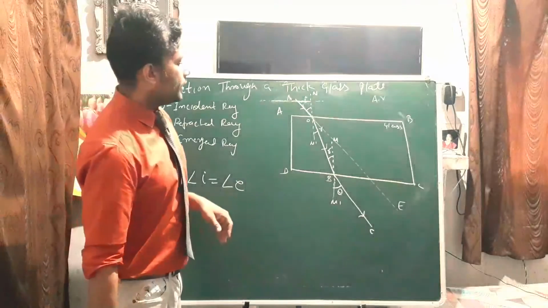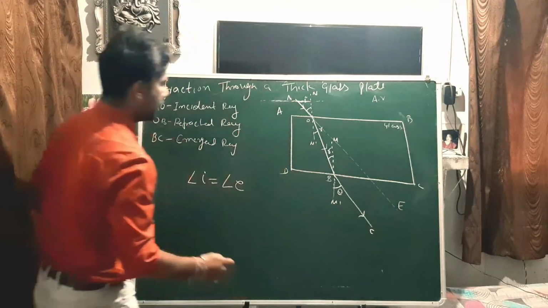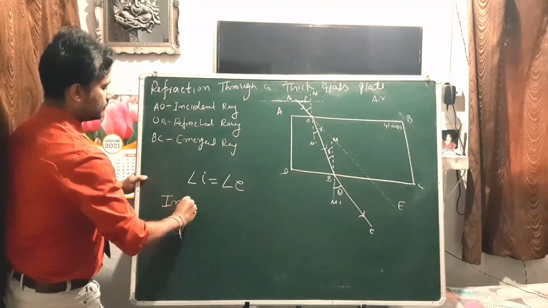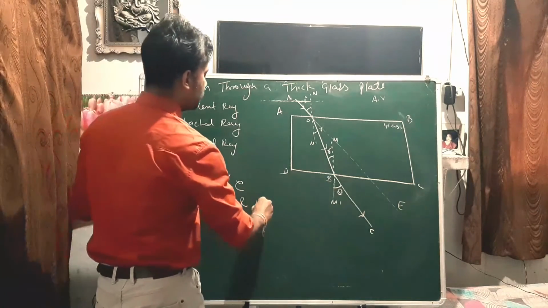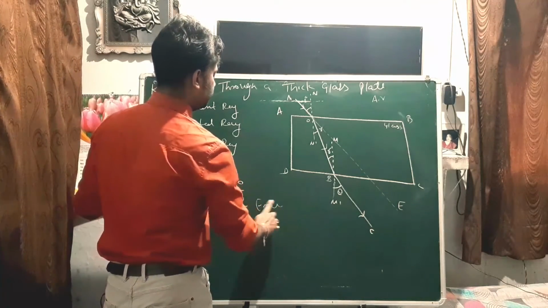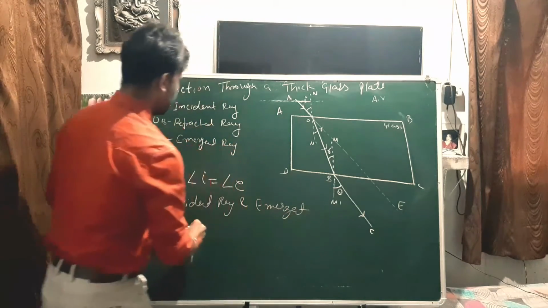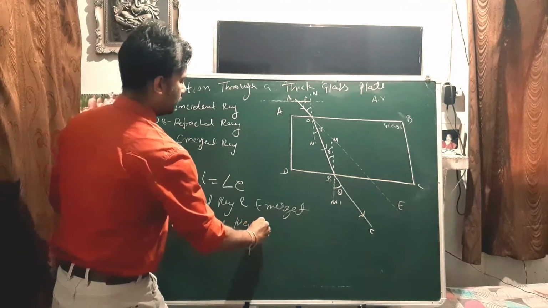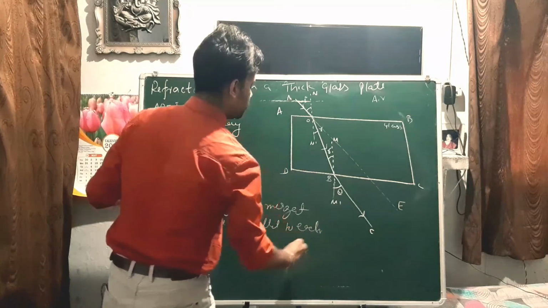It means the ray BC is parallel to AE. It means the incident ray and emergent ray are parallel to each other.